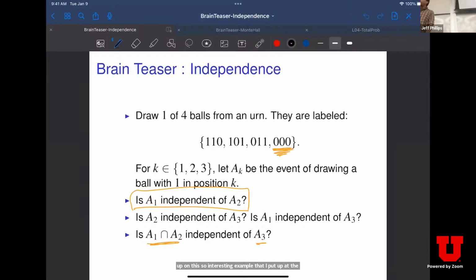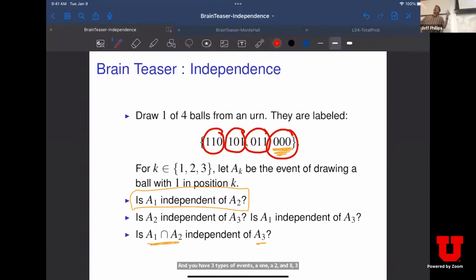So the problem was we have one urn and it's got 4 balls in it, right? And the 4 balls have these different labels: 110, 101, 011, and 000. And you have 3 types of events: A1, A2, and A3.